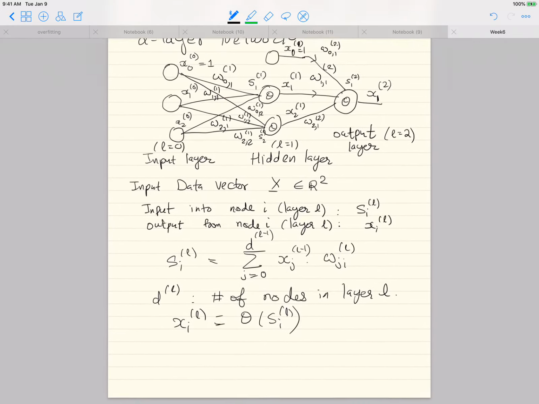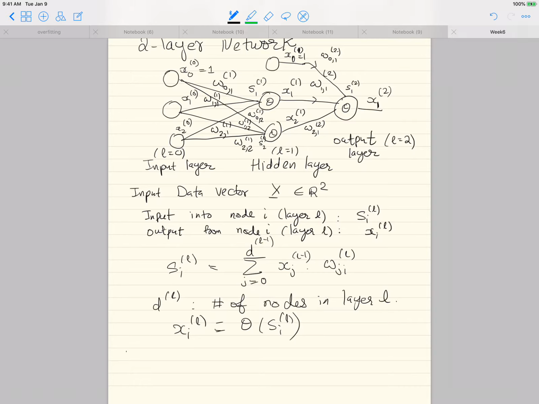Now, once you have this, you can compute the loss. So you have two things. You have model parameters. The model parameters are just a collection of weights, w_ij, superscript L, for all values of i, j, and L. You just take all weights in the network.